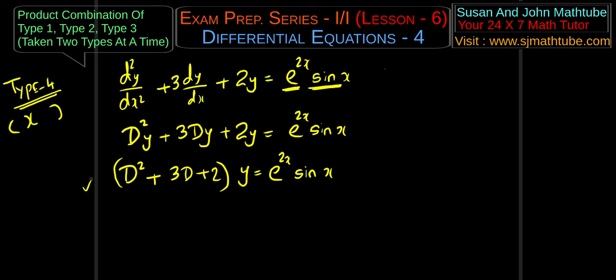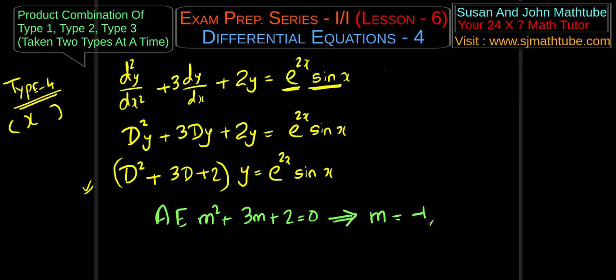Now look at this. What's the first thing to do? We already learned in lessons 3, 4, 5 what to do first. Yes, the auxiliary equation. And the auxiliary equation is m square plus 3m plus 2 equal to 0. Now use a calculator and find the values of m, that is minus 1, minus 2.